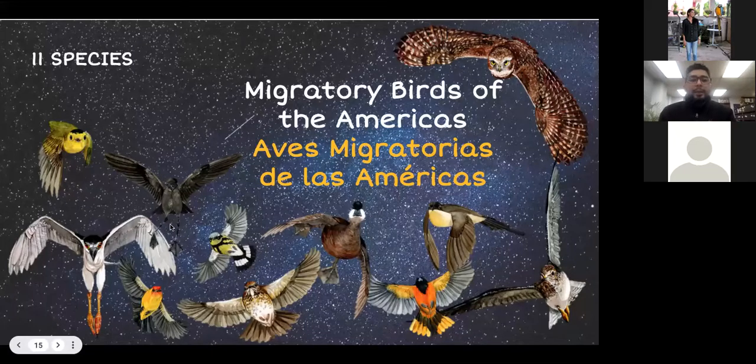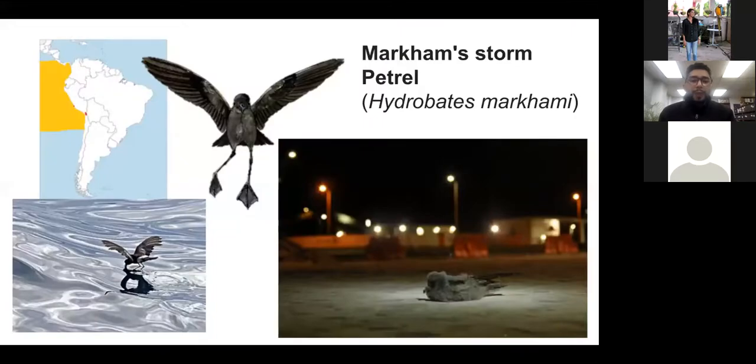Just to give you an example, this year we have the Markham's storm petrel, which is a seabird that spends most of its life in open waters. We can find it from Central America to South America.